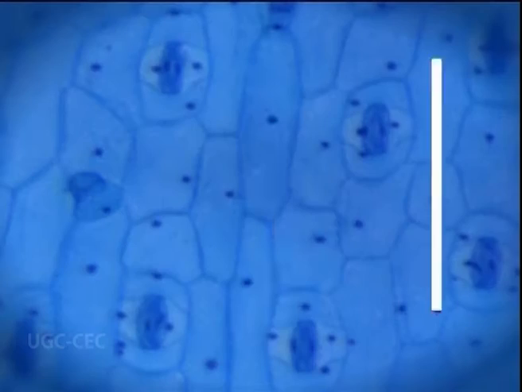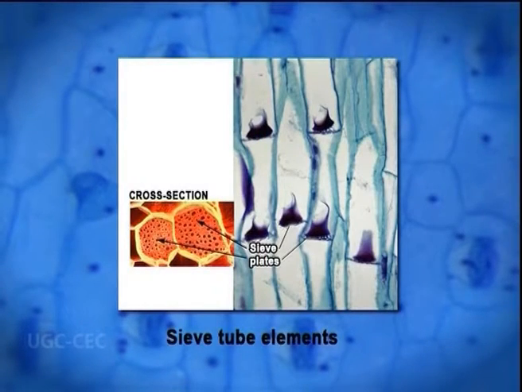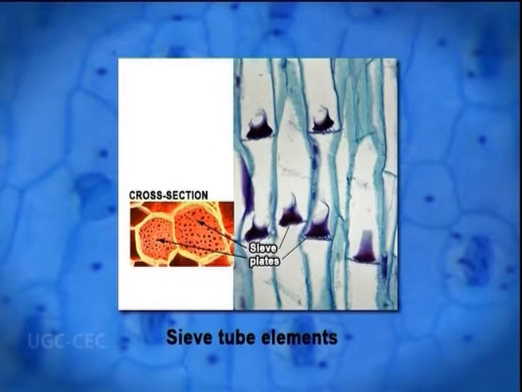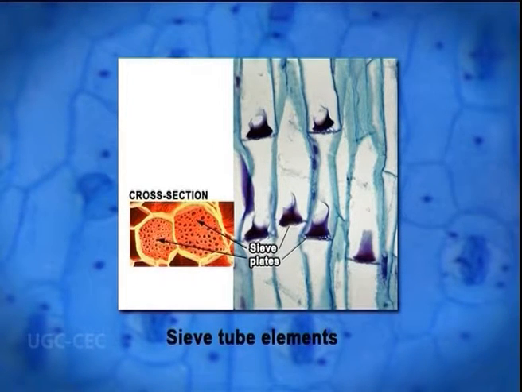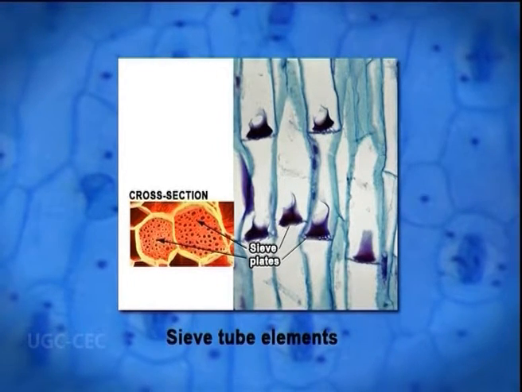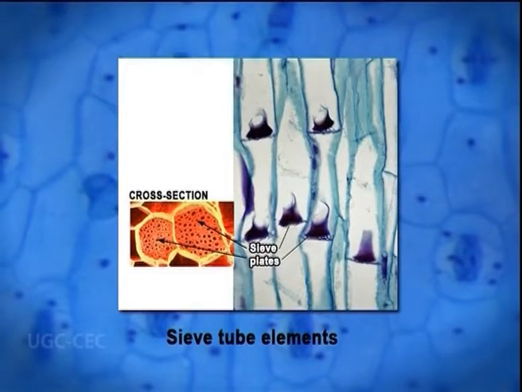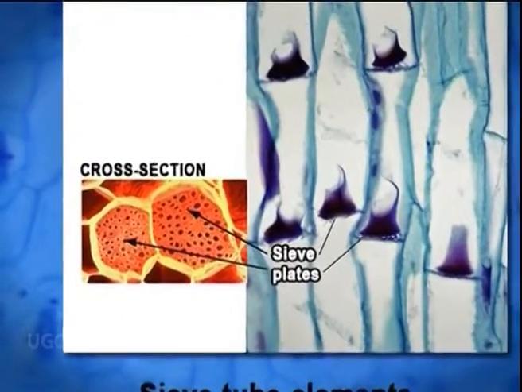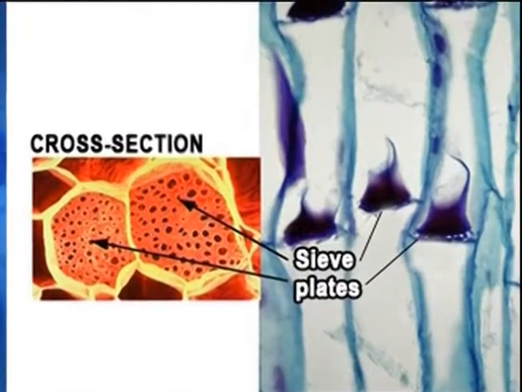Sieve cells are present only in gymnosperms and lower vascular plants. Sieve tube elements are the sieve elements in which some of the sieve areas are more highly specialized than others and are localized in the form of sieve plates.